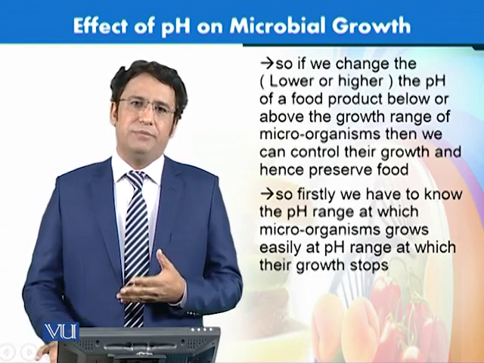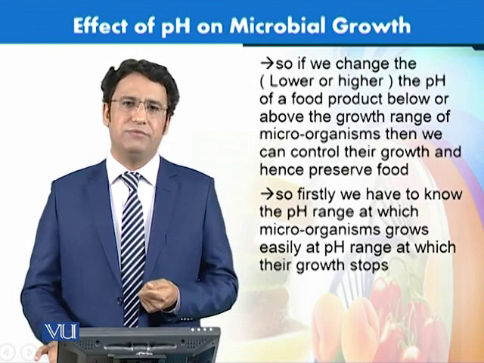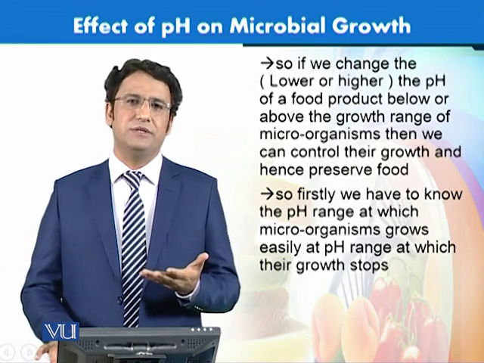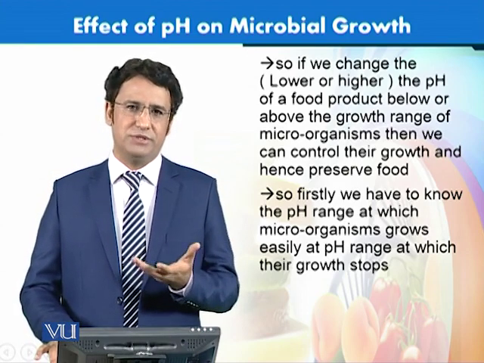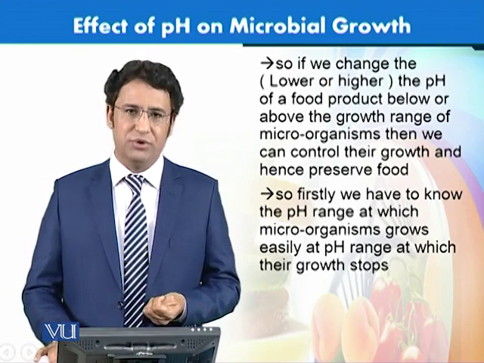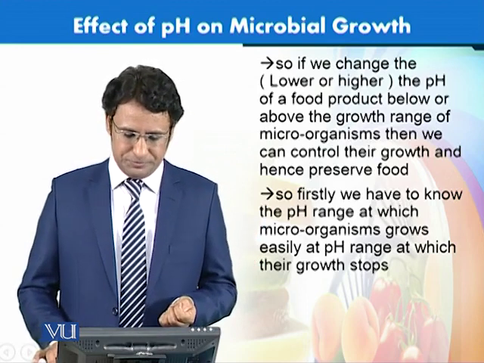So we can manipulate the pH for different foods, whether we reduce it or increase it, to the optimum condition for growth of any specific microorganism. It can also be changed in a way that we make it unfavorable for the growth of microorganisms.